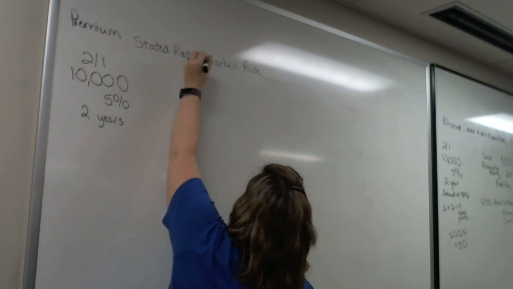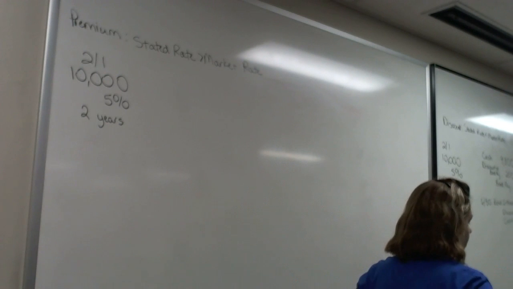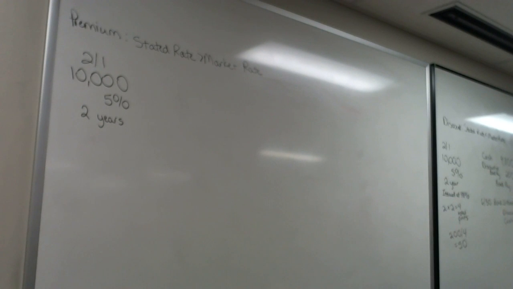That's when our stated rate is higher than the market rate. So when we're offering a higher interest payment than the current market rate, they're going to give us more cash up front for this bond, okay? Because we're paying them more interest than they could get in another investment. So if we sell at a premium, that means our stated rate is greater than our market rate, okay?